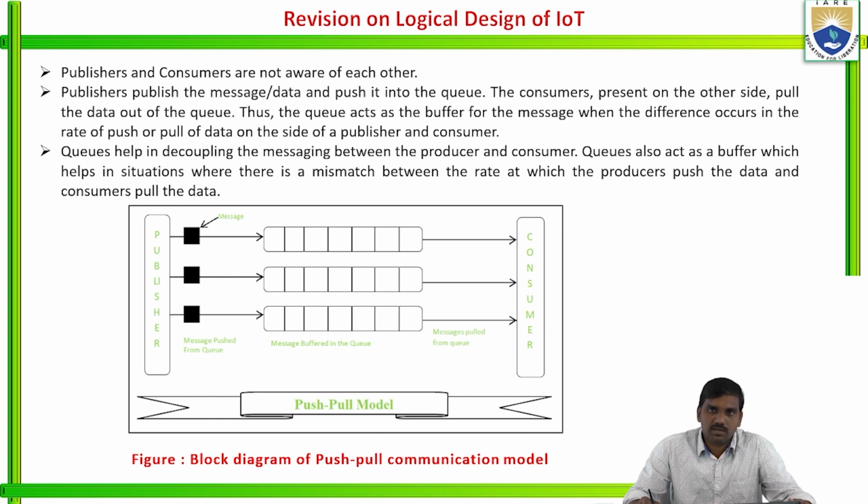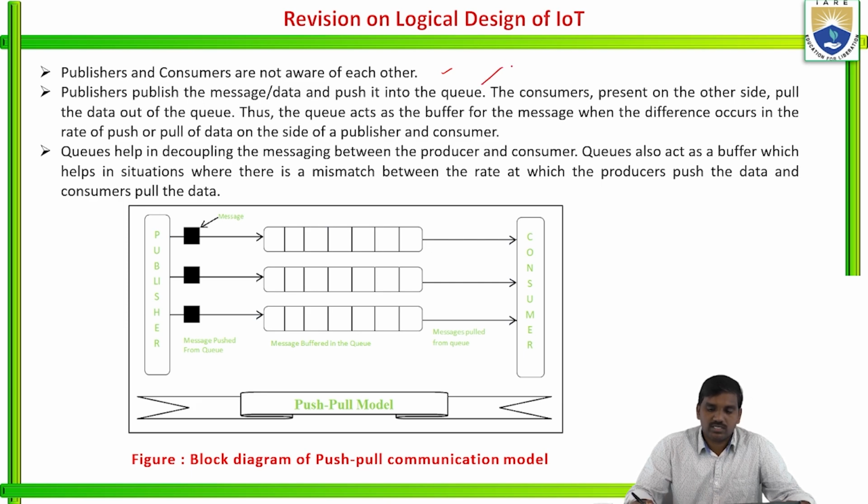So this is an elaboration of the points here. Publishers and consumers are not aware of each other. There is no information about where the data is coming from; neither the consumers nor the publishers know. The publishers publish the message data and push it into the queue.